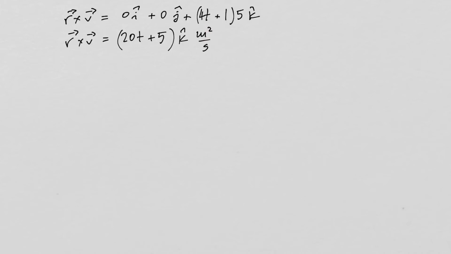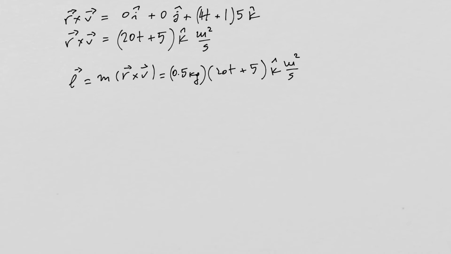Now to find the angular momentum, I simply must multiply the previous result by the mass of the particle. So that is 0.5 kilograms times (20t plus 5) k hat meters squared per second.